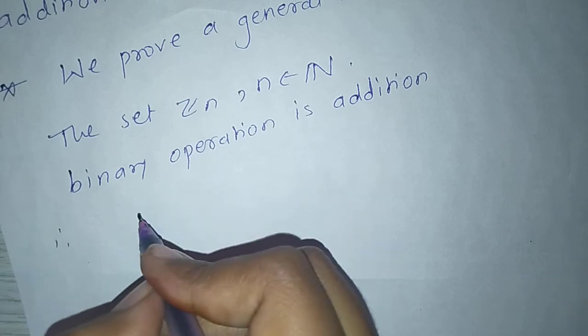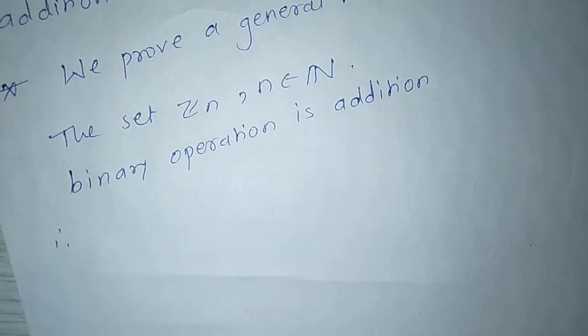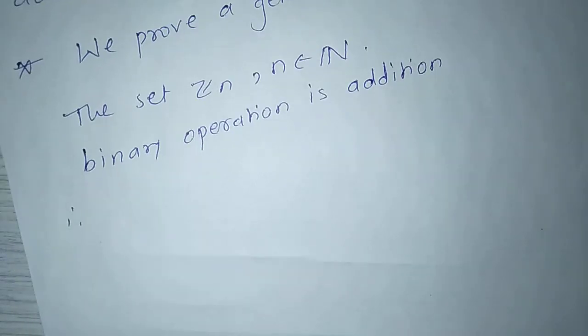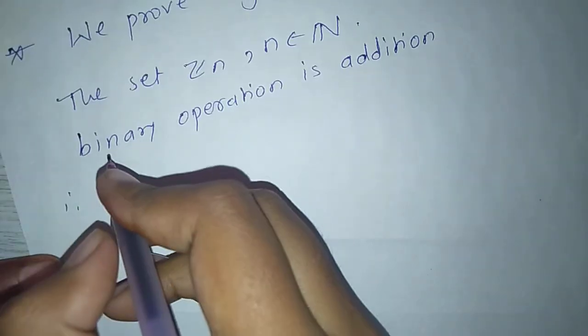Therefore, here addition is a binary operation in Zn. That's why here we are not proving the first condition, binary operation.